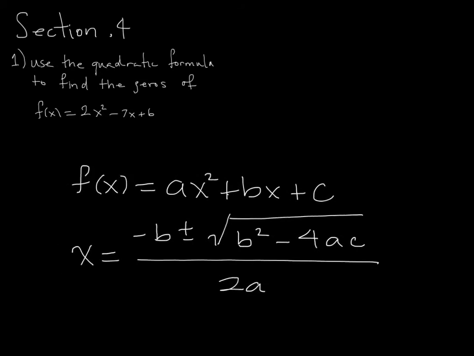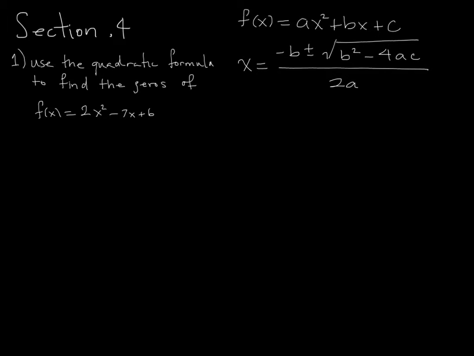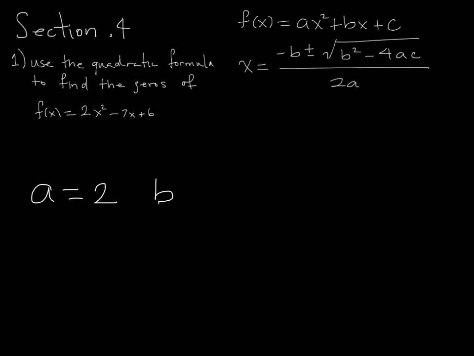So, in our problem, we can identify the a as 2, the b as minus 7, and the c as 6. A, b, c. Make sure that negative sign stays attached to the 7.